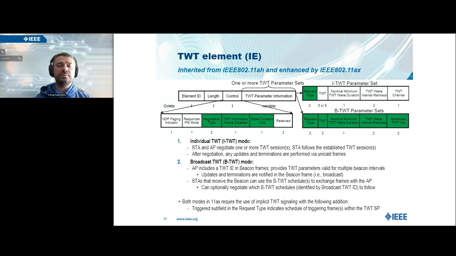So that kind of flexibility is added via negotiation. Both modes require implicit TWT signaling, essentially that everything is scheduled and known in advance rather than explicit every time to change it. And we have introduced the triggered mode for taking advantage of triggering within the service periods.